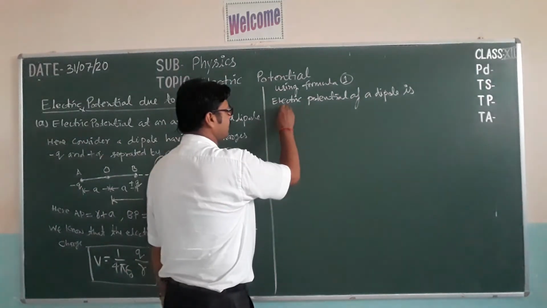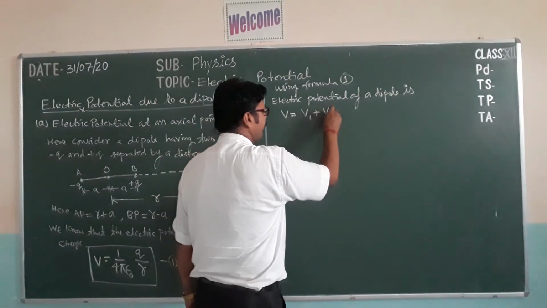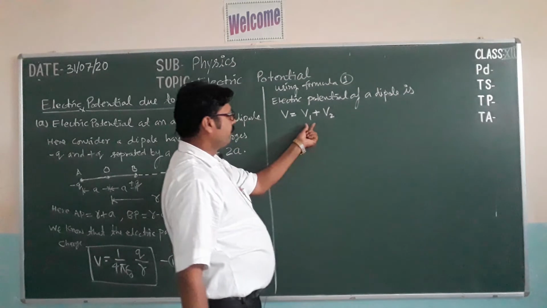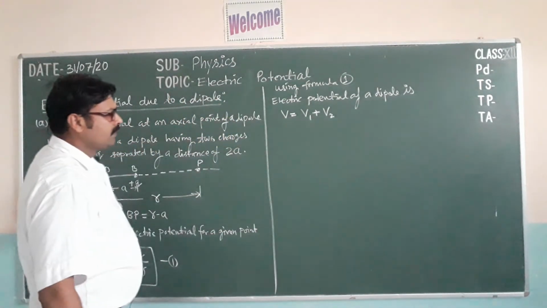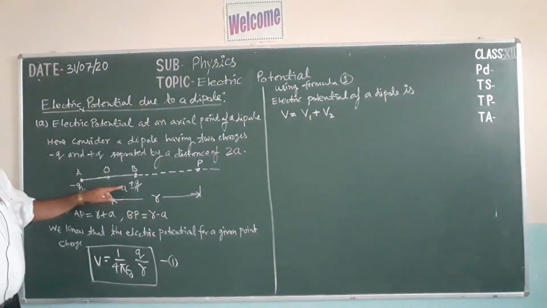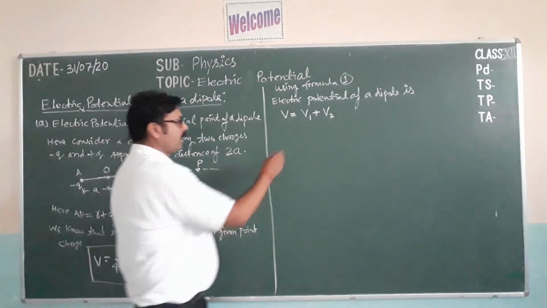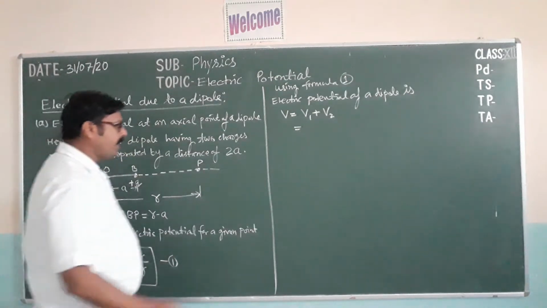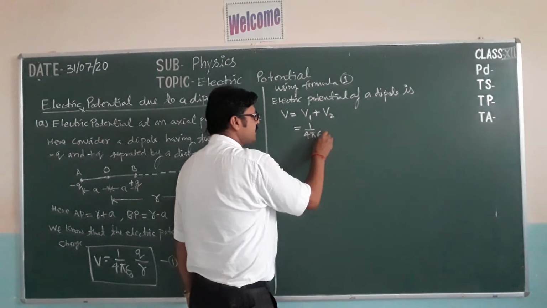So the total electric potential V equals the summation of V1 plus V2, where V1 is the electric potential due to the charge minus q, and V2 is the electric potential due to the charge plus q. So my dear student, what are the values? For minus q, the formula is 1 upon 4 pi epsilon naught. This is a constant value, the same for all.